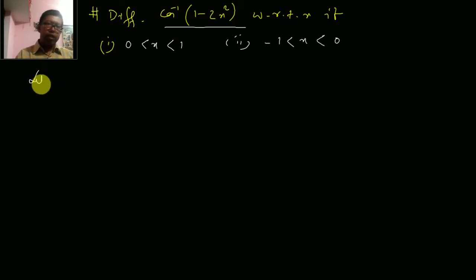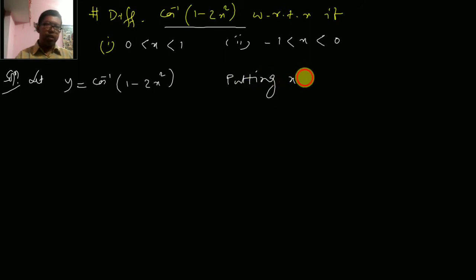Let us consider that y is equal to cos inverse of 1 minus 2x square. This is the solution. Now what will be the substitution? This is very important. You have to understand the substitution. Putting x is equal to sin theta.